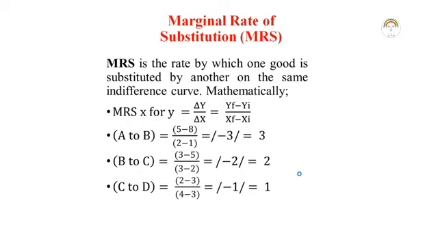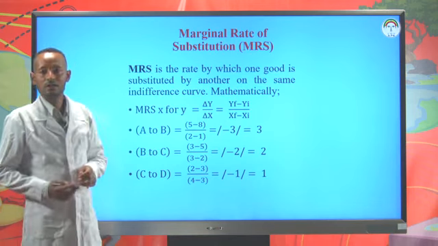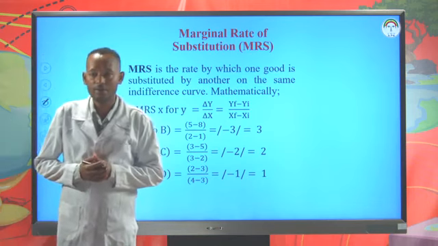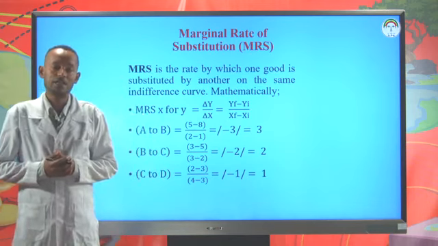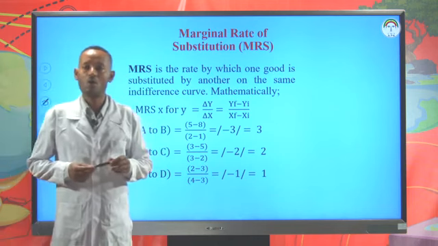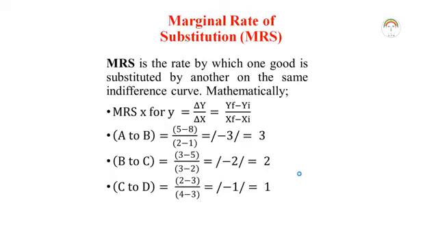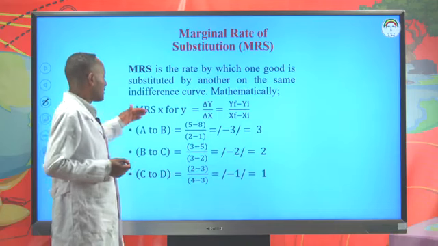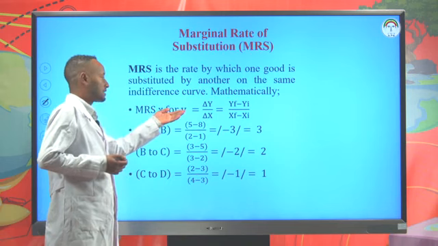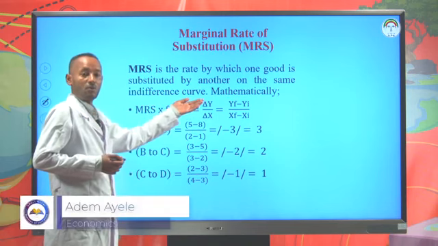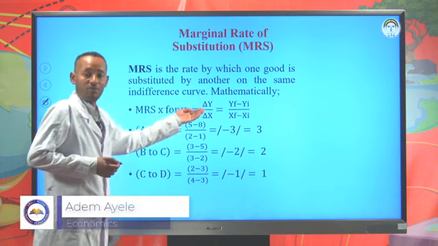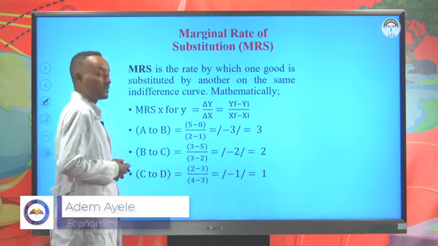Next, let's see the marginal rate of substitution. The marginal rate of substitution is the rate by which one commodity is substituted for another on the same indifference curve. From the indifference sets, the marginal rate of substitution of commodity X for Y is calculated by dividing the change in commodity Y, which is given up, by the change in commodity X, which is gained.